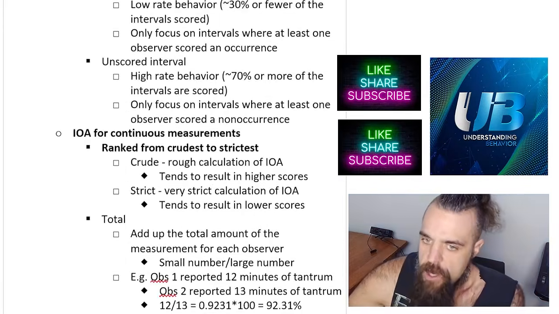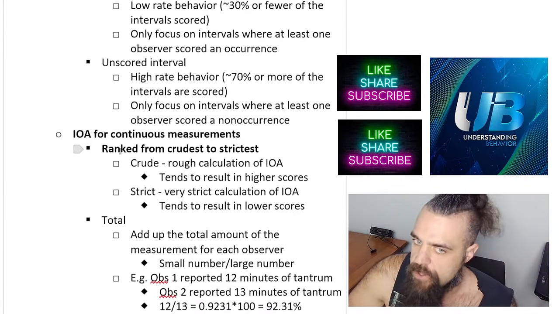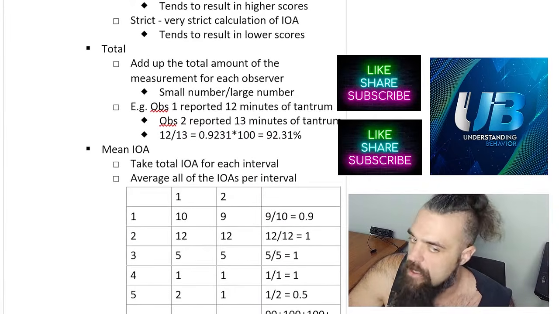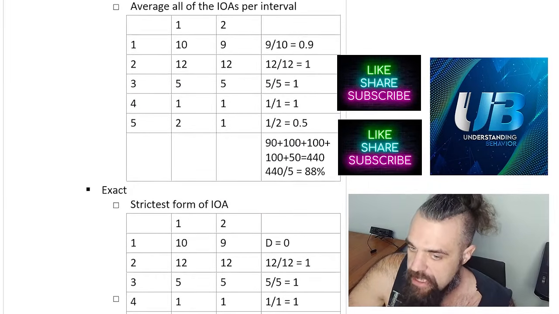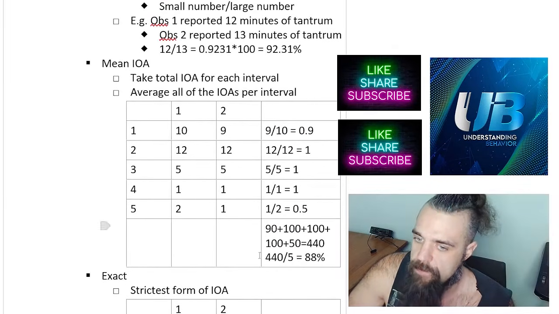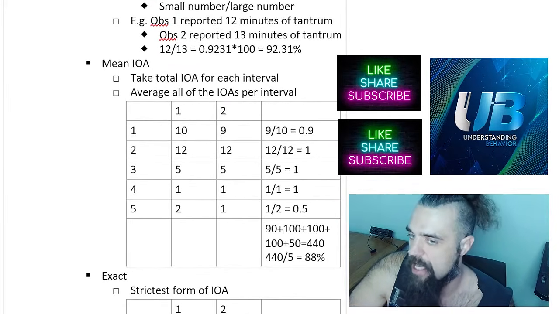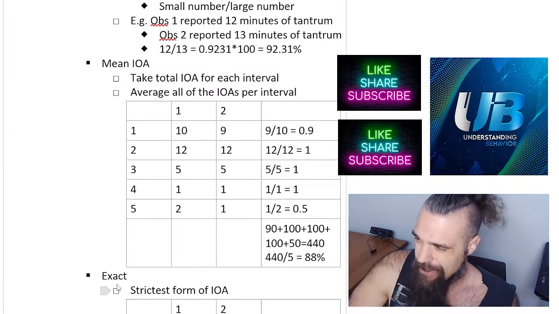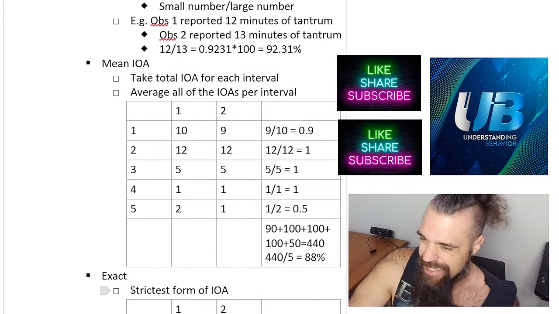So we can note that same pattern occurred. Again, total is the crudest, mean is the middle, and exact is going to be the strictest. With the same exact data set, there was a difference of 28 IOA percentage points between mean IOA and exact IOA. And that could be way more drastic depending on the data set too.